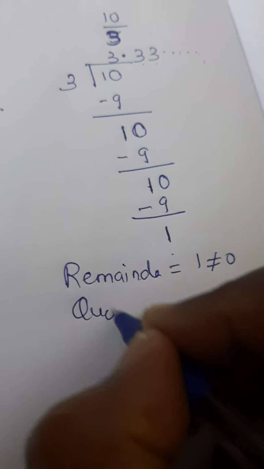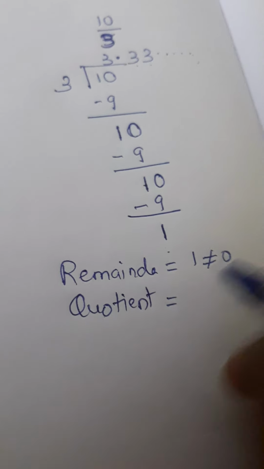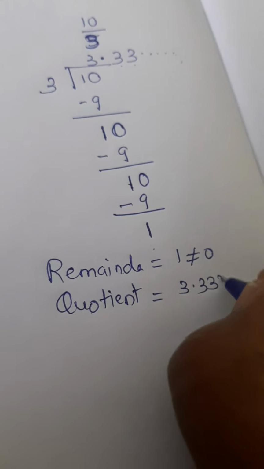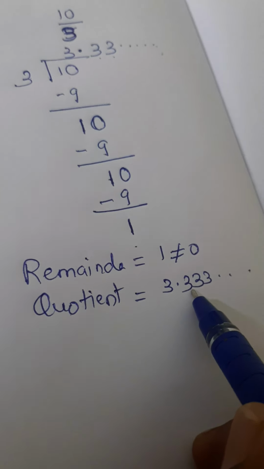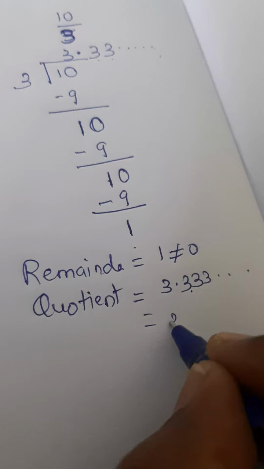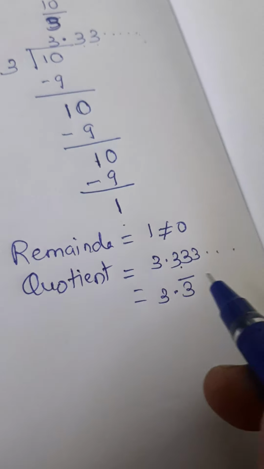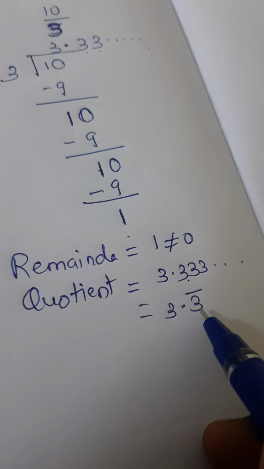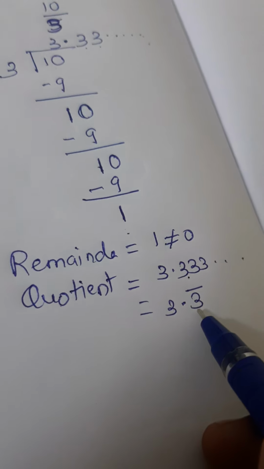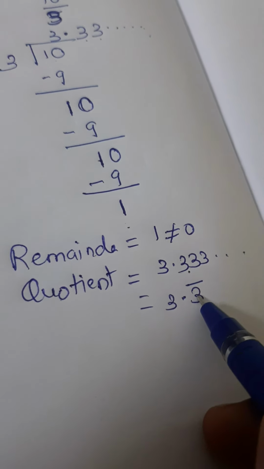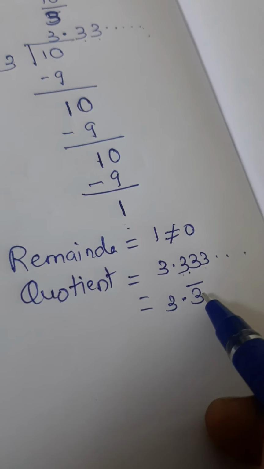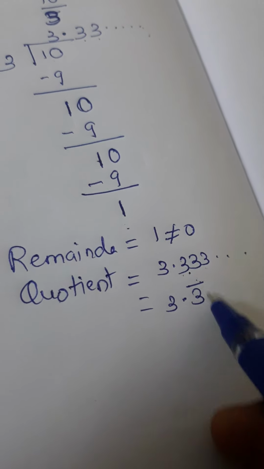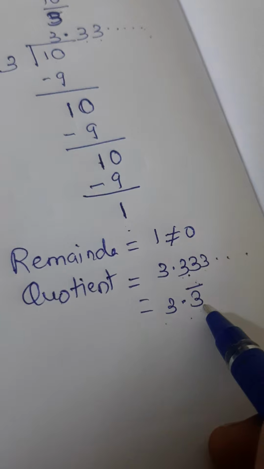Your quotient is 3.333 and so on, that is the digit 3 in the decimal part keeps on repeating, so we'll express it as 3.3 bar. The bar is kept over the number that repeats itself or the block of digits that repeats itself. Here in this case there is only one digit that repeats itself, so we'll keep the bar over that particular digit. So it's 3.3 bar.